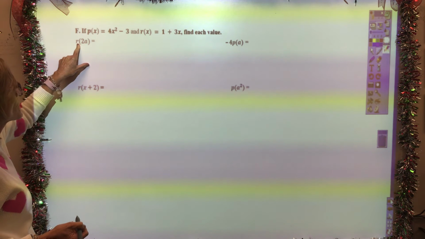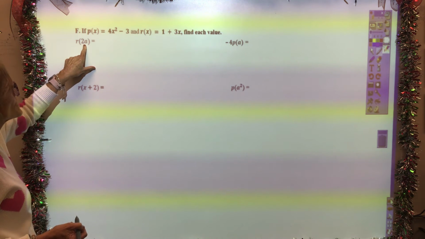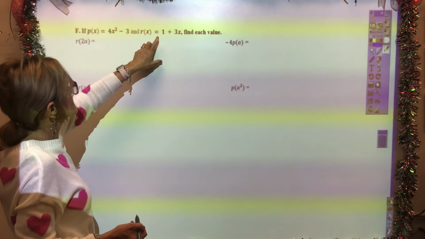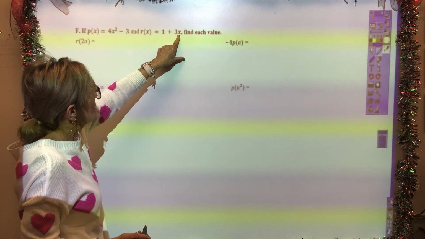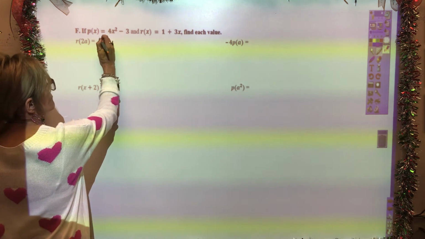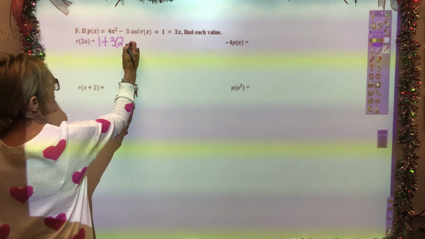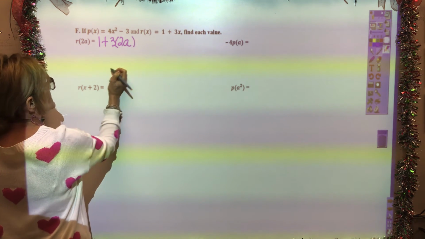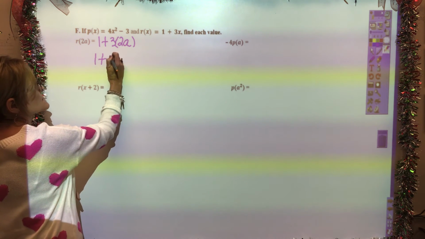We're working with r, and we're going to replace the x's with 2a. So I'm going to write this function, but I'm going to take out the x here, and in parentheses I'm going to put a 2a. So I'm going to have 1 plus 3 times 2a, and then I just want to simplify that. So that would be 1 plus 6a.